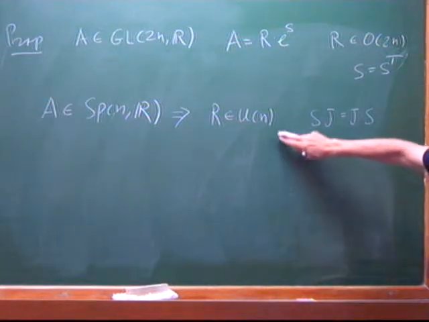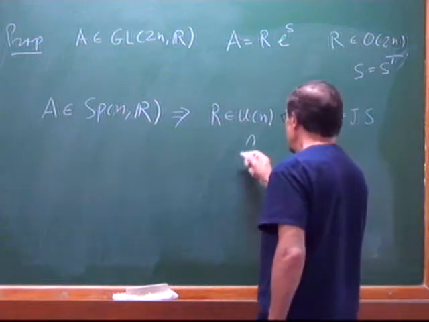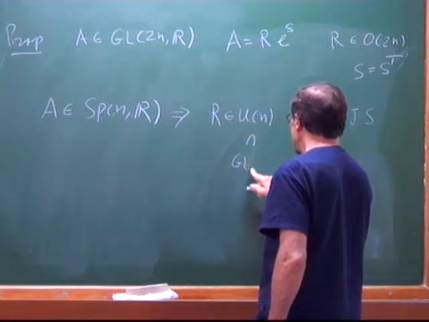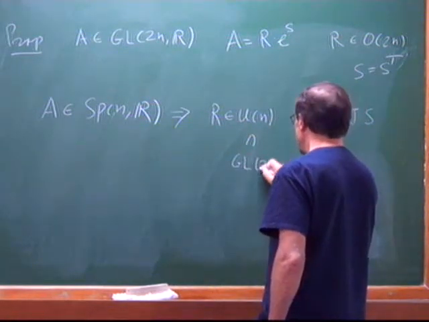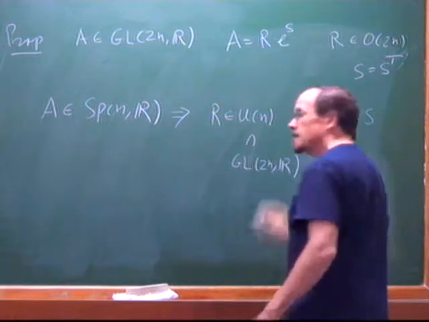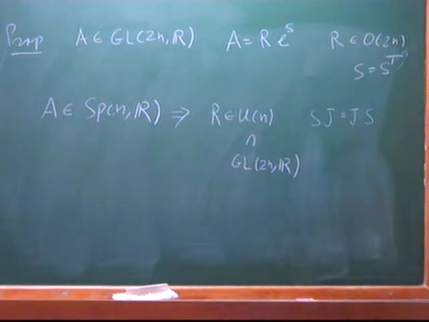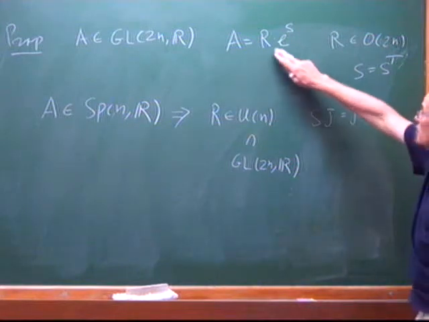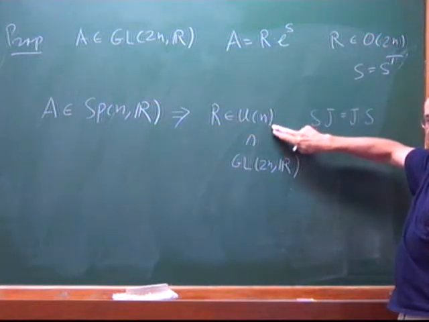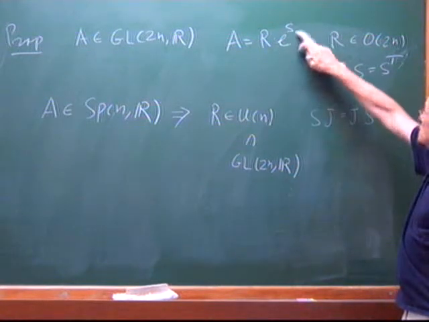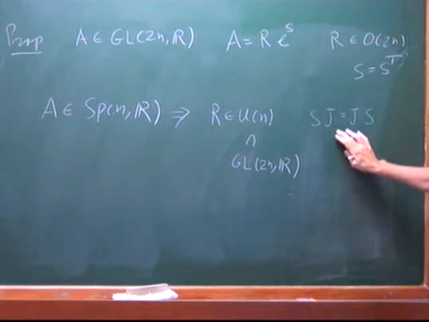Because here, for this to make sense, again, I have to embed UN into GL2n R, using the convention over there. So this orthogonal matrix becomes unitary. And this symmetric matrix satisfies an additional linear equation.